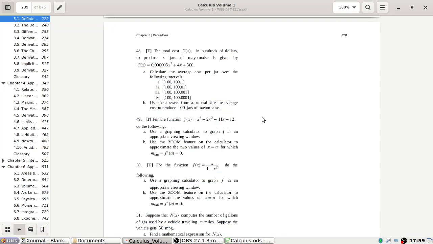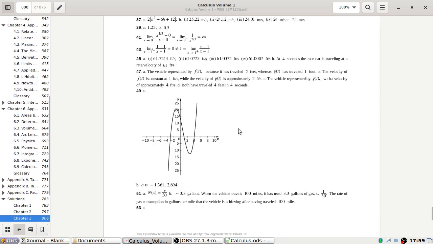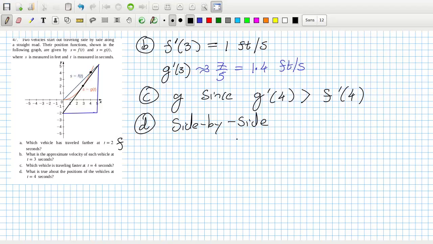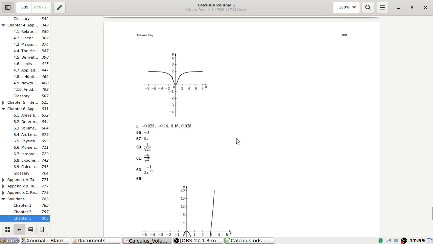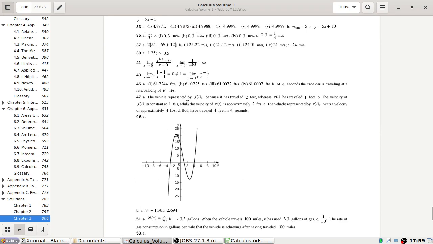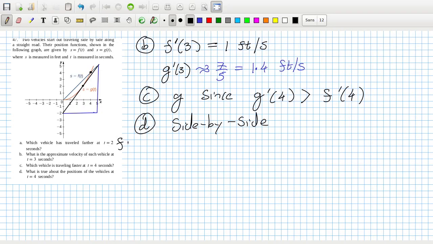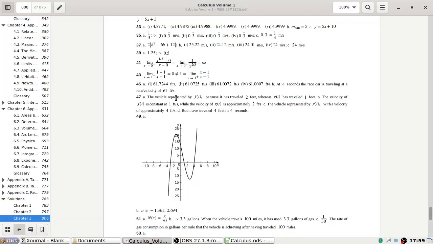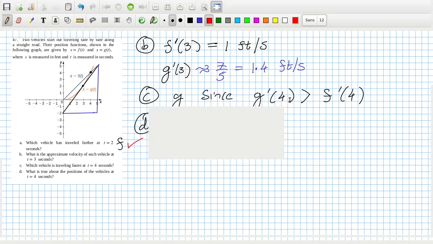Let's check the answer out. Hopefully we are right. 47. Vehicle represented by f. Correct. And it's what I said, 2 versus 1.